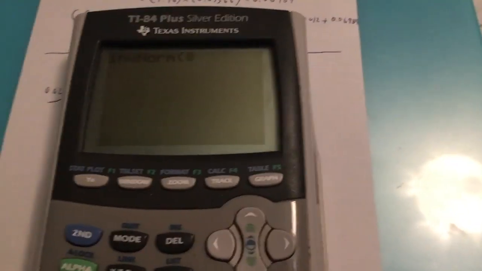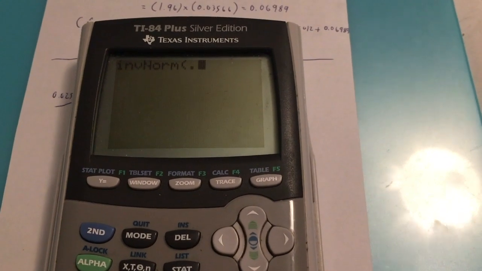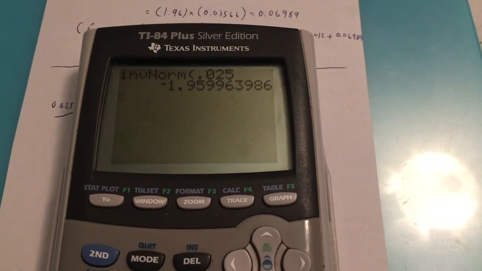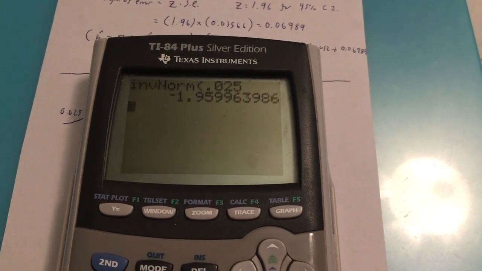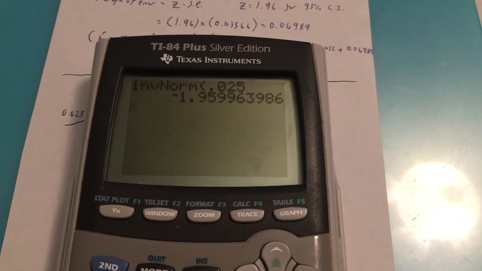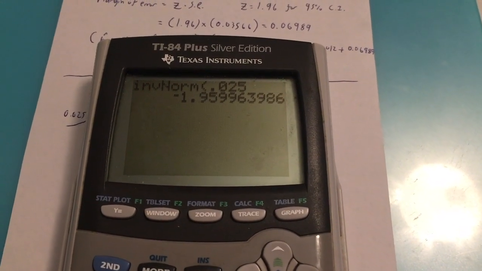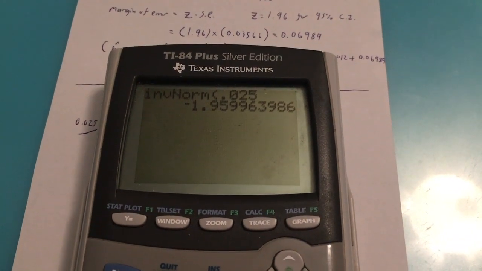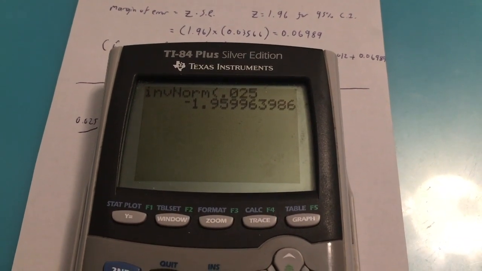And we're going to put in the probability, which is 0.025, and the answer is negative 1.96. Now, the negative sign, don't worry about that, you can just drop it because that's on the left side of the curve. You can still use z is positive 1.96. That is where we get the 1.96 number from.